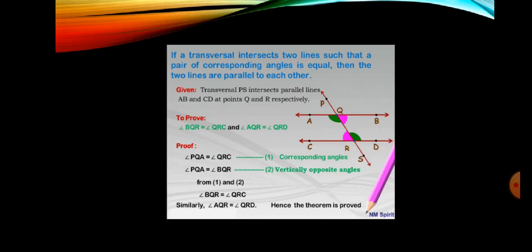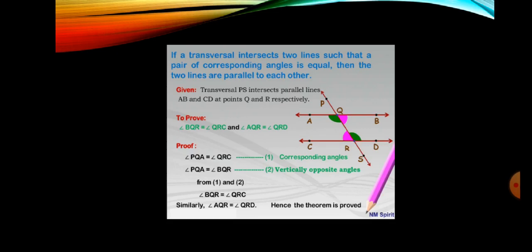How to prove it? First, we take angle PQA is equal to angle QRC. Why? Because they are corresponding angles. In our second equation, we take angle PQA is equal to angle BQR. In the last theorem, we read about vertically opposite angles.